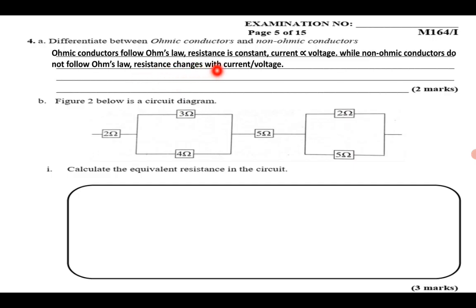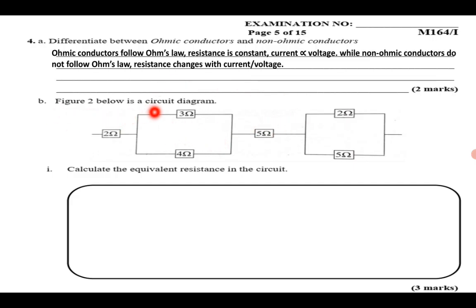The resistance of such conductors changes with current or voltage. They are the ones that heat up, like a filament bulb. It does not obey Ohm's law. Therefore, it's a non-ohmic conductor.